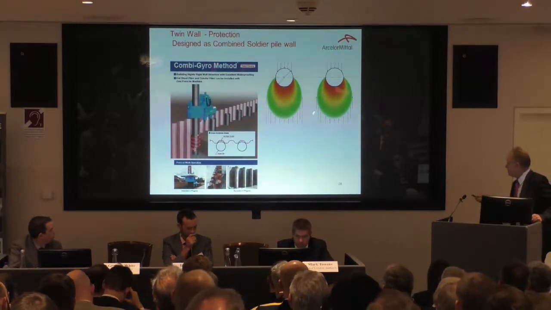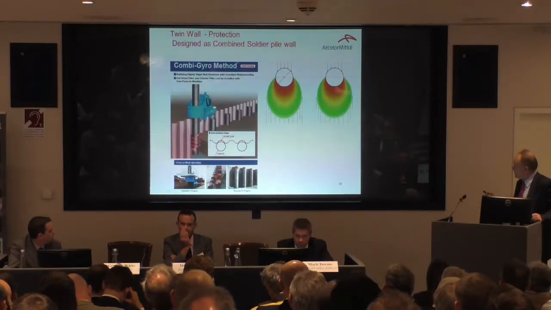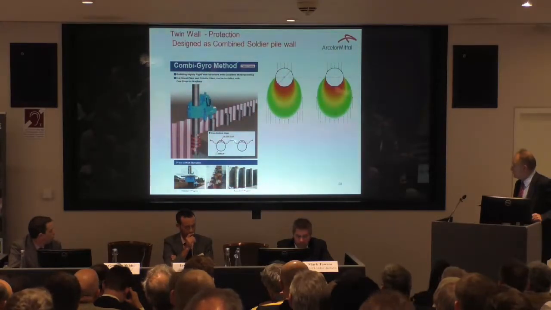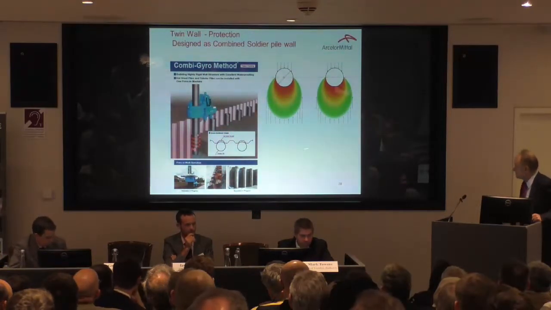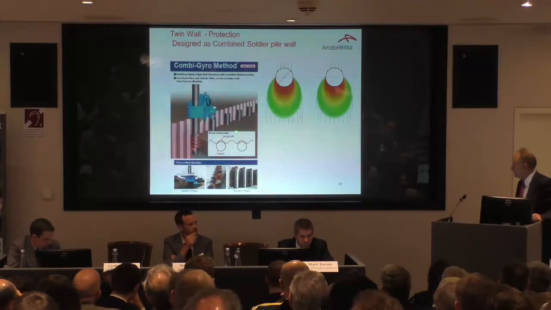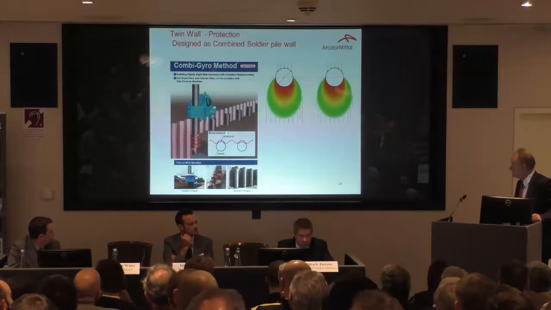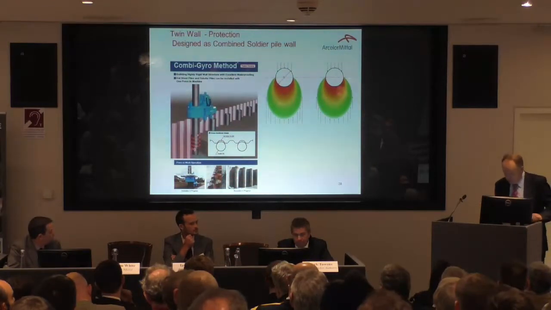So you generate enough passive resistance with the tube below the sheet pile, but for impact protection you can use the secondary sheet pile to take the collision forces. And you can position the sheet or the tube either way round. You can fill the tubes with concrete and put them in front, or you simply have to tie the sheets at the top.